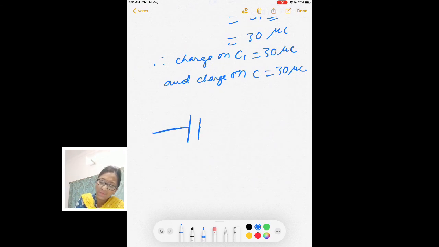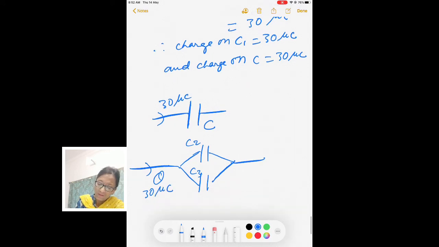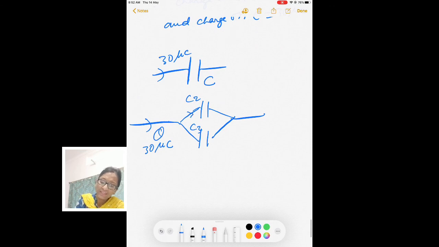Here you have C, and it has been given 30 microcoulomb, but when C is further taken in its part, means C2 and C3, and here you are giving Q coulomb charge, that is 30 microcoulomb, then you know that charge is conserved, charge will be equally distributed in the two.